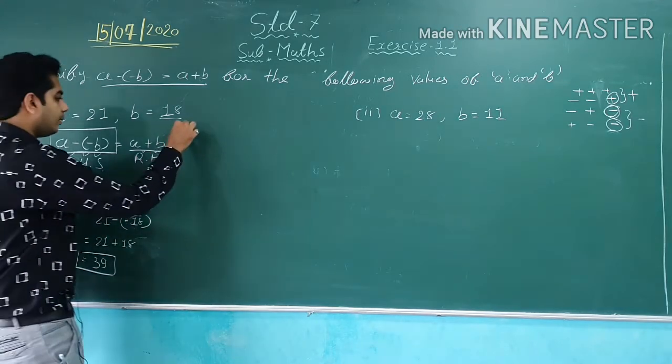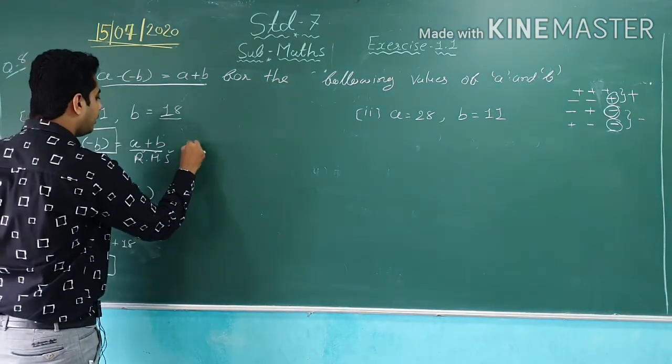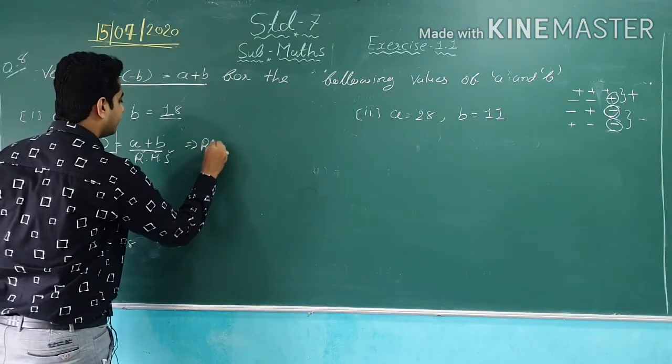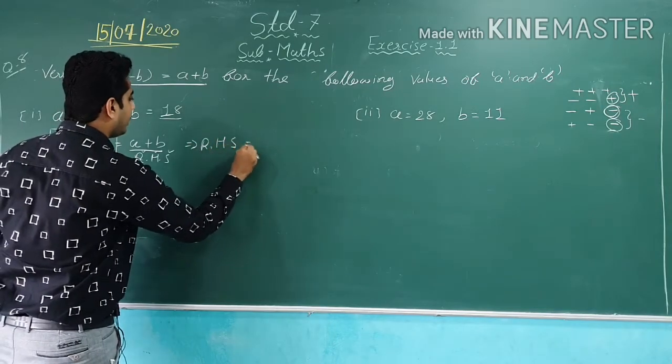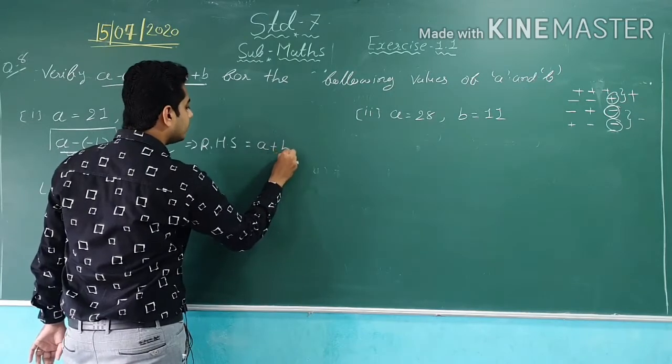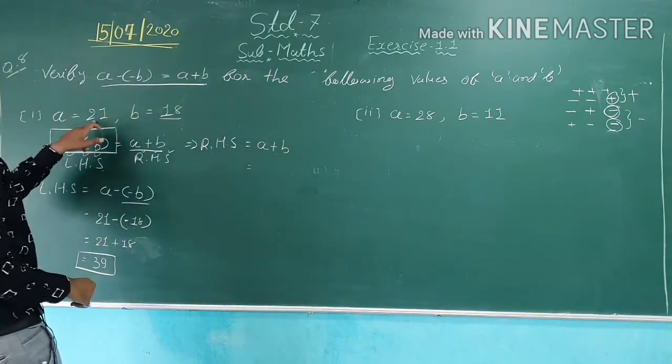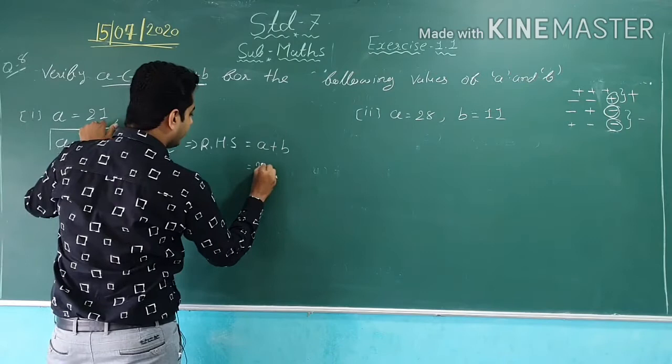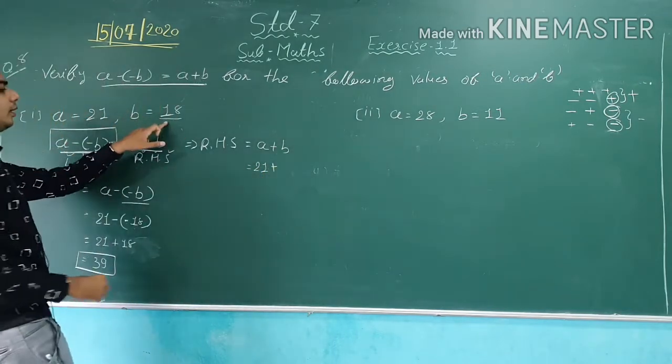Now in the same way I have to find out the right hand side. So what is the right hand side? A plus B. A is 21, B is 18.